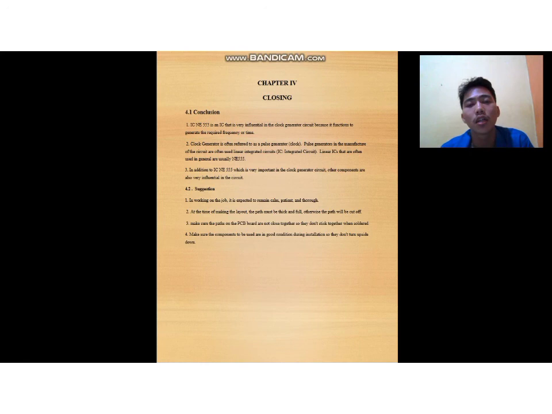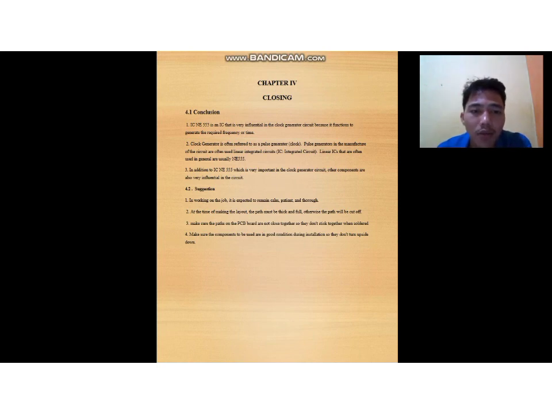Chapter 4, closing, is suggestion. One, in working on the job, it is expected to remain calm, patient, and careful. Two, at the time of making the layout, the path must be thick and full, otherwise the path will be cut off.